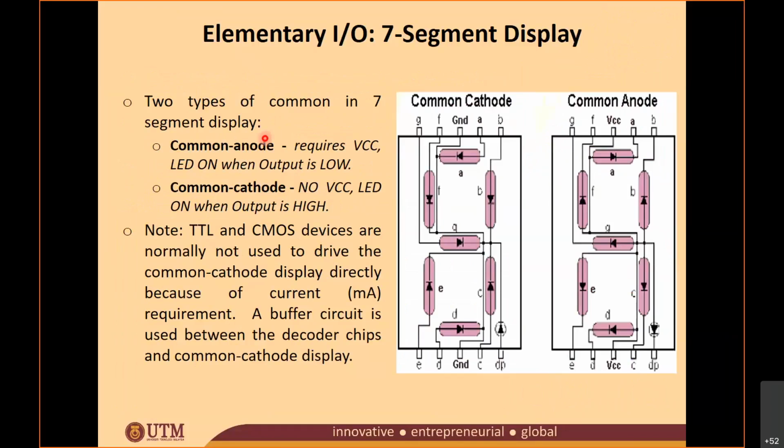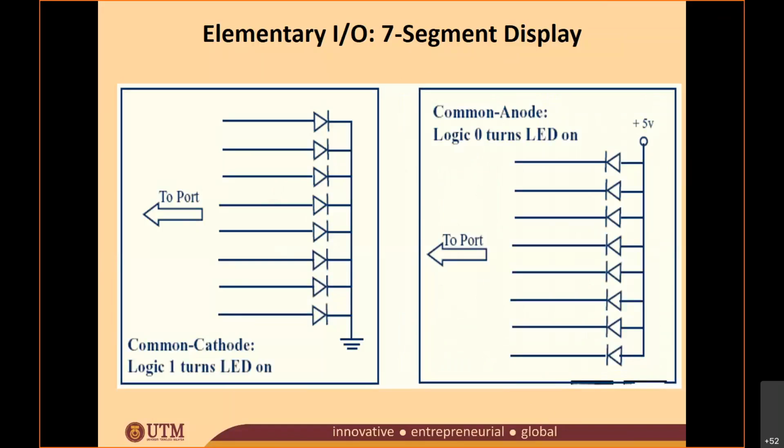As I mentioned, there are two types of 7-segment display. Here, all the cathodes are connected to ground, so this is a common cathode. In order to turn on, make sure that you give 1 to your output port. For this one, all the positives are connected to VCC, so in order to turn on, you need to give 0 at your output port.